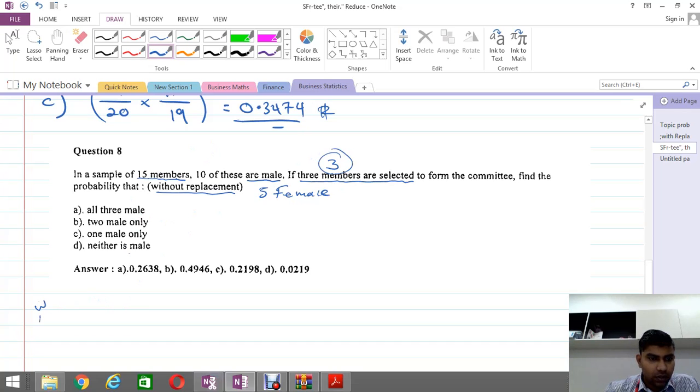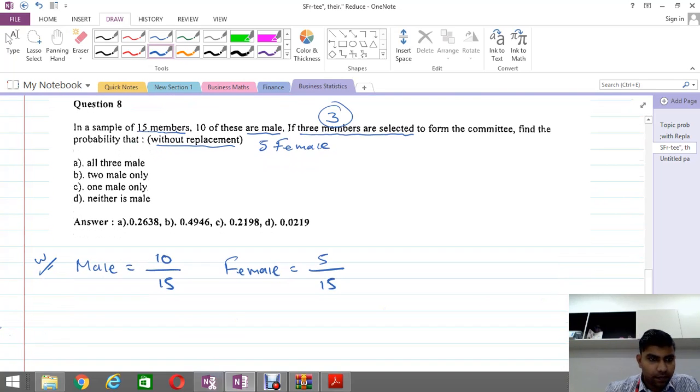Now, as usual, small working here. For male, 10 over 15. For female is 5 over 15. Now, A, look at that, all 3 are male. So you start with 10 over 15 times, it reduced by 1, 9 over 14 times what? 8 over 13.